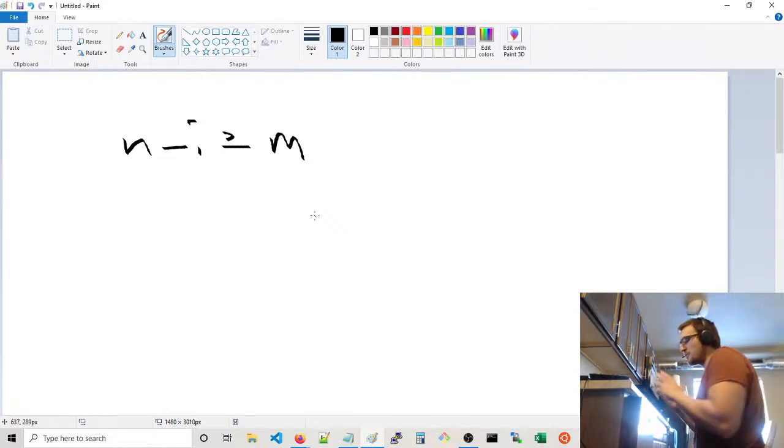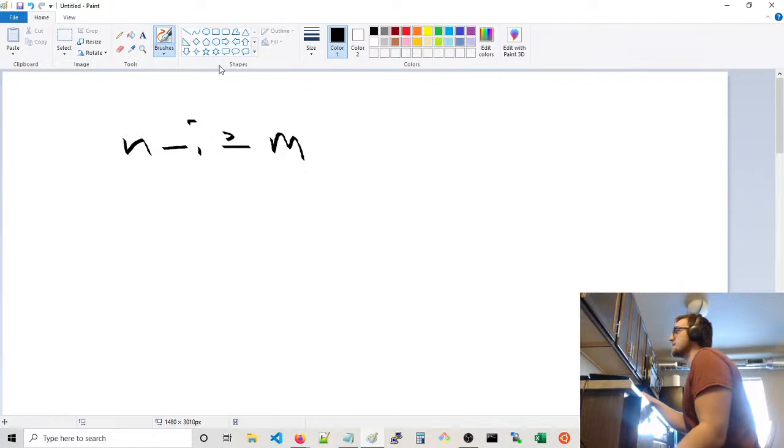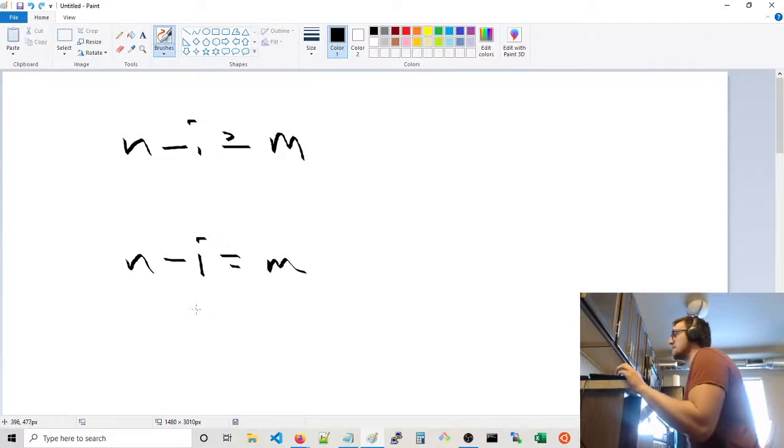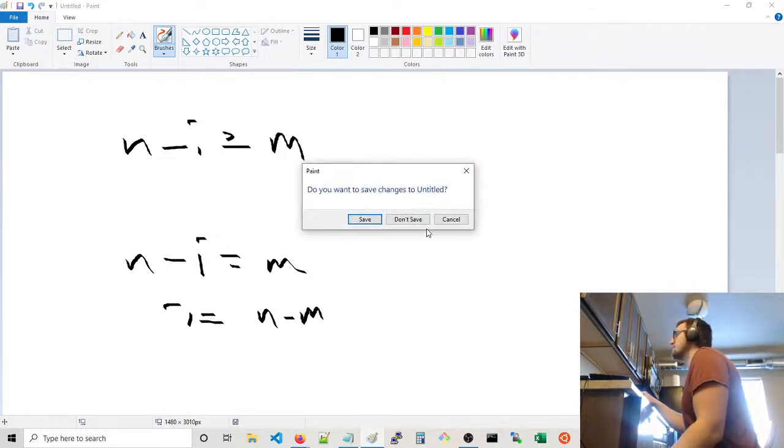We want to move all the way. The largest possible I. We want to get as close to m as we possibly can. So we actually want n minus I is equal to m, which then is to say that I is equal to n minus m. I is n minus m, which is very confusing.